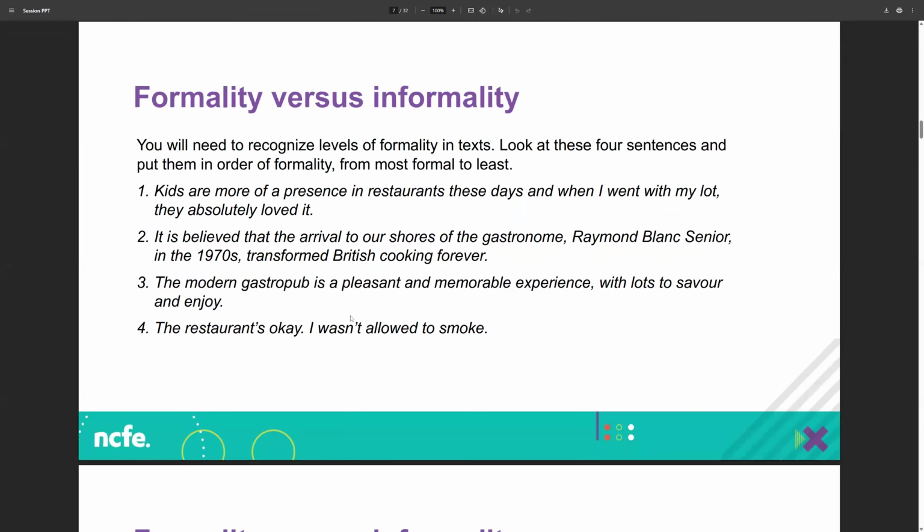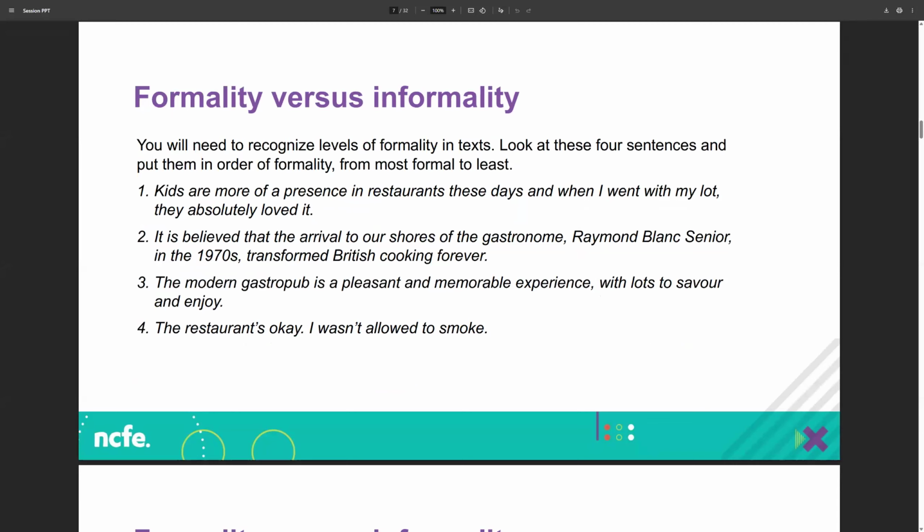Okay. So, we need to rank these sentences from most formal to least formal, okay? Which one do you think is the most formal? No worries. Let me check. Hold on. Just give me a second.